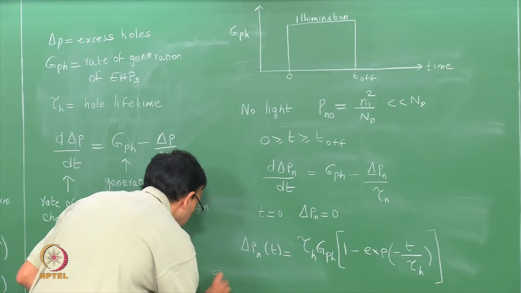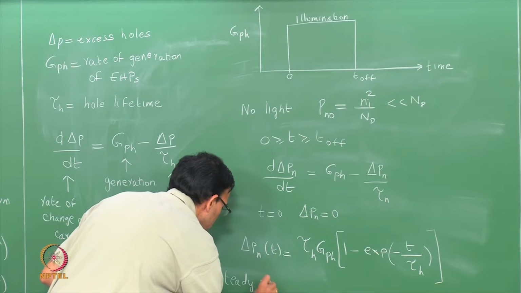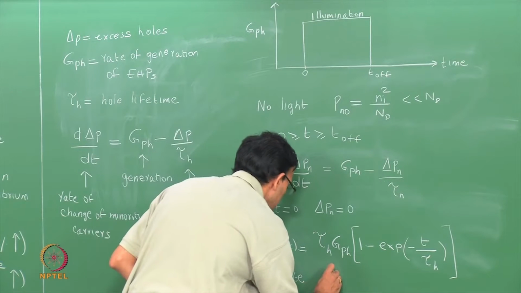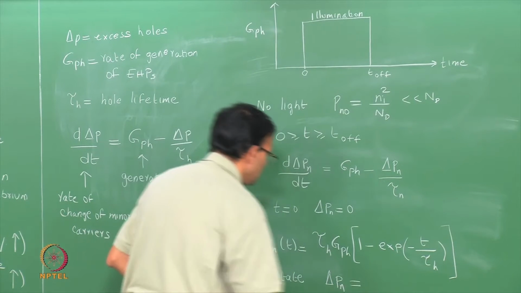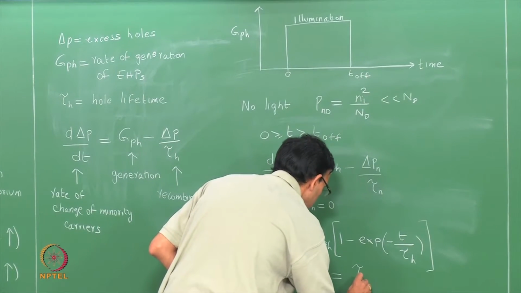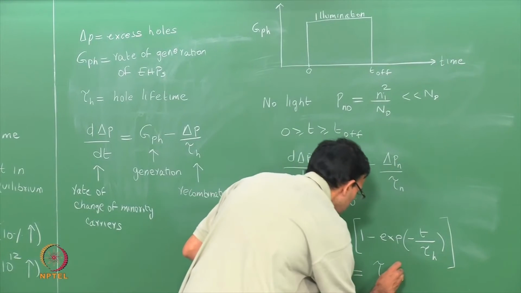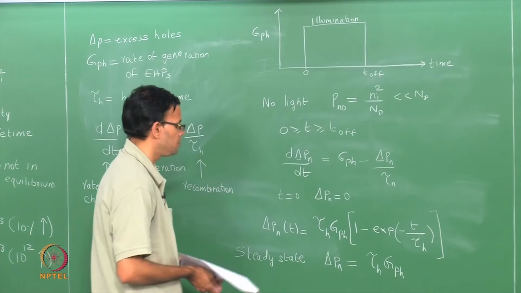So, at steady state the concentration of excess holes is tau h Gph.